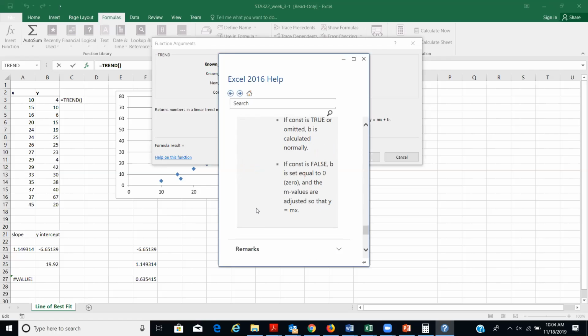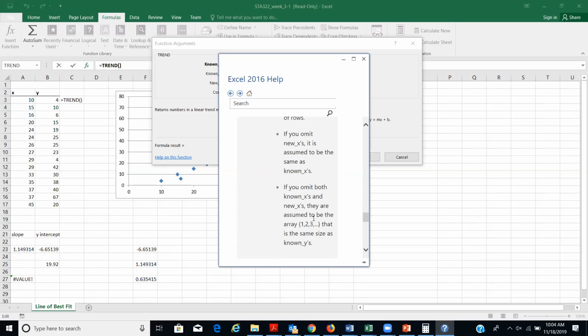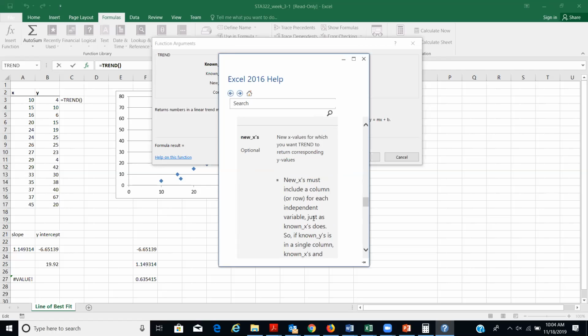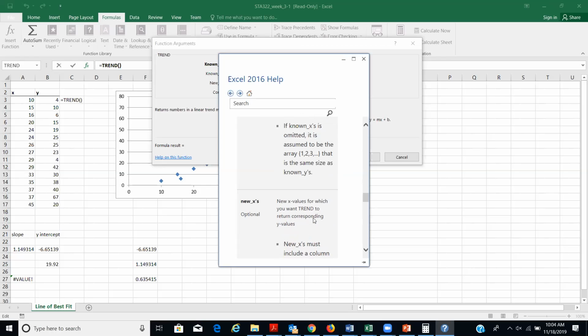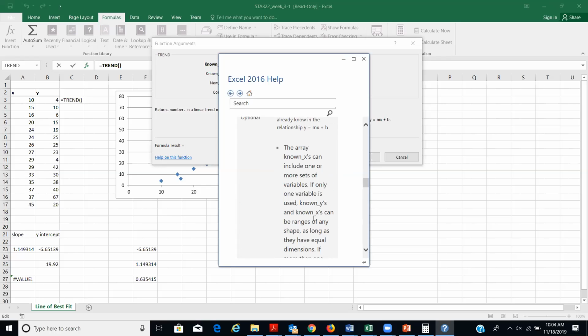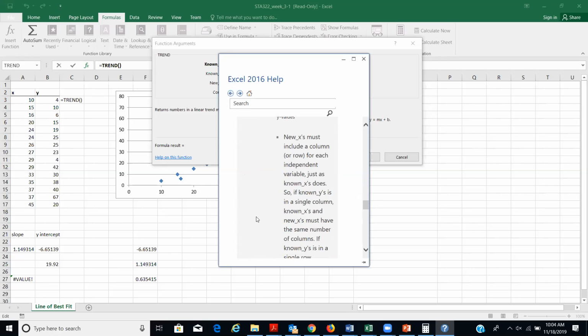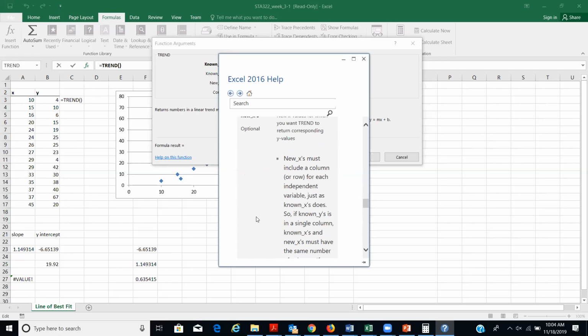If constant is false, b is set equal to 0, and the m values are adjusted so that y equals mx. So I think I was doing this correctly. So our known x's, our known y's, our new x values, for which you want to trend to return the corresponding y values.